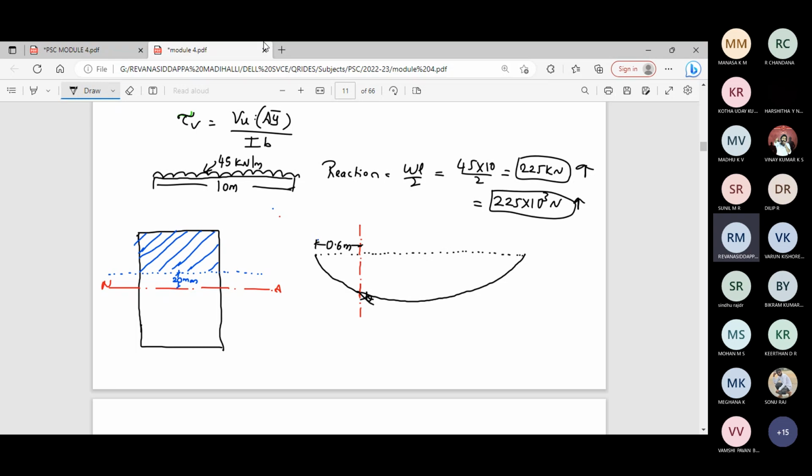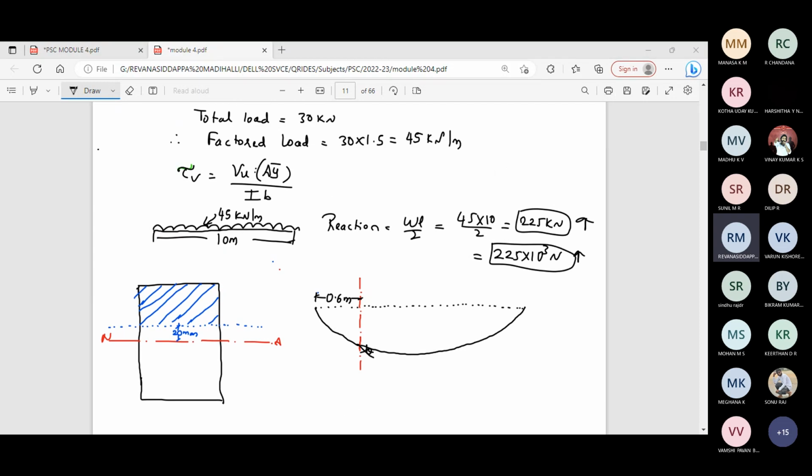Whatever formula we have for a parabolic cable is for finding the slope at the support only.